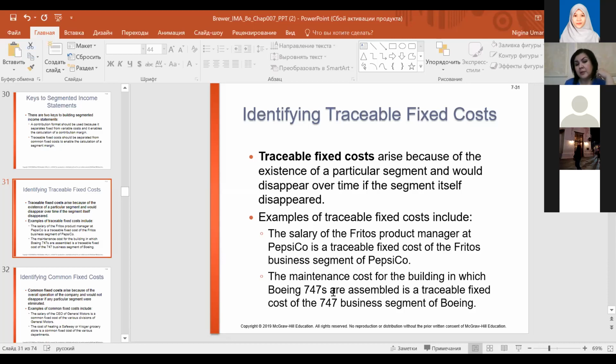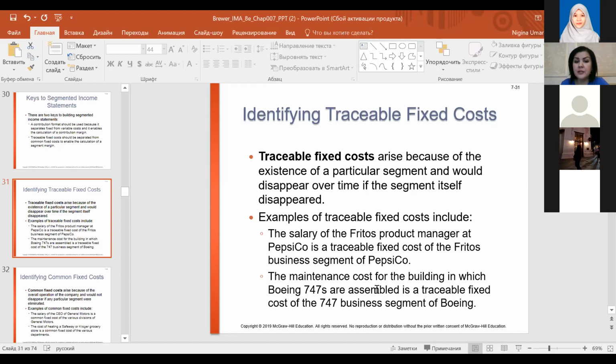And another example: the maintenance cost for the building in which Boeing 747s are assembled is a traceable fixed cost of the 747 business segment of Boeing. As you know, Boeing has different branches or segments, and it has a segment where the 747 Boeings are actually made, right?